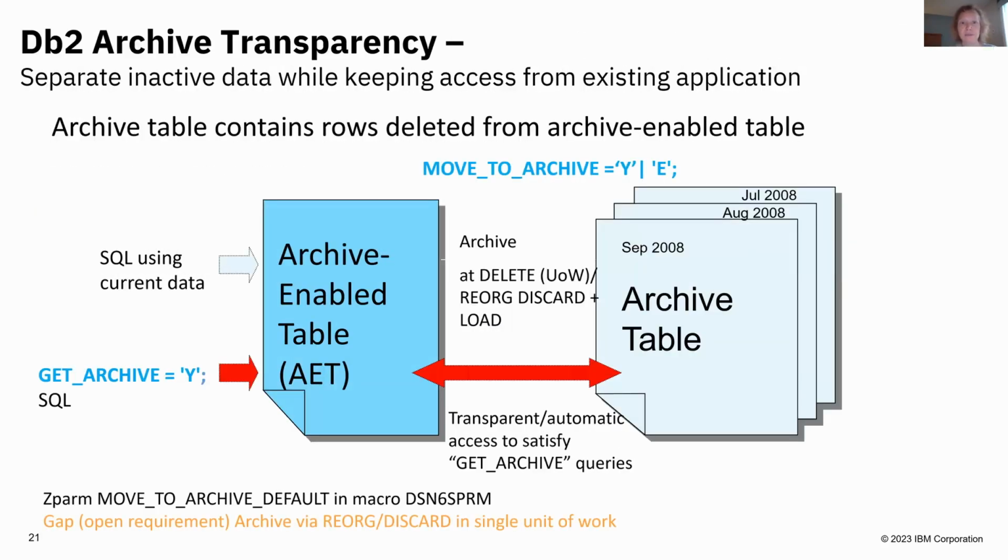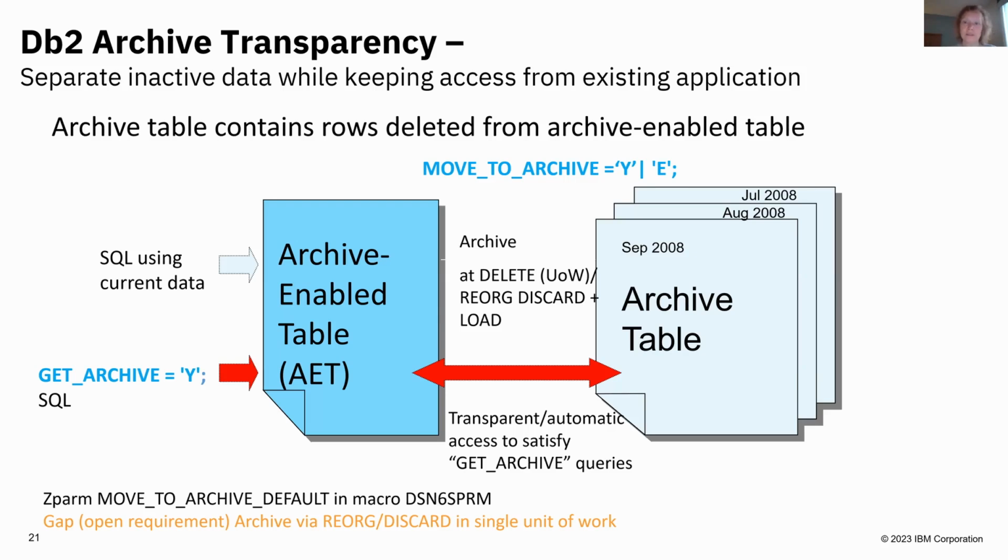And the Db2 archive transparency is actually helping here. It uses a 2-table approach. In your archive-enabled table, you have all your active data. Everything is nicely dense and optimized. You may have different indexes on it. And as soon as an archiving criterion is reached, like a claim was closed 6 months ago, then it goes into the archive.